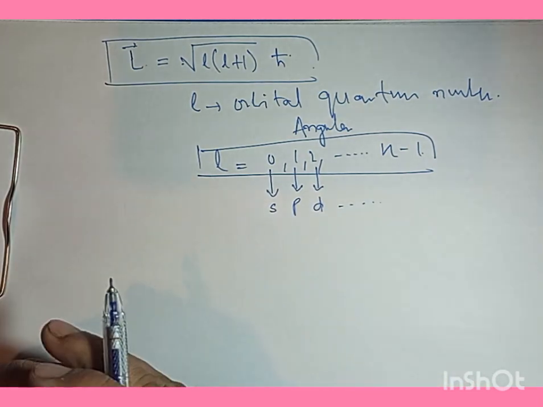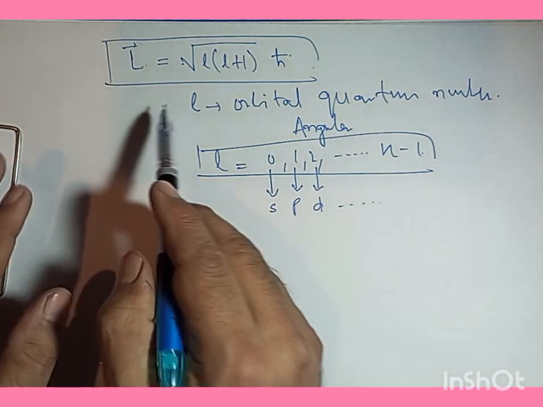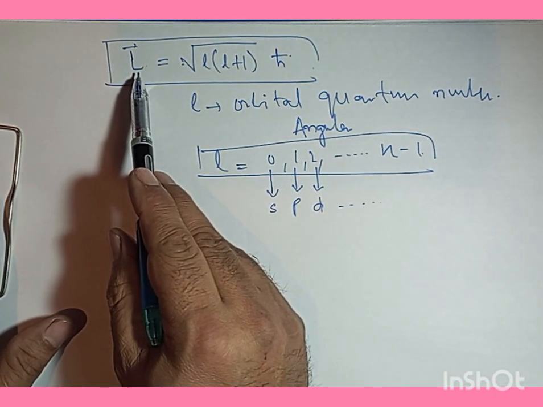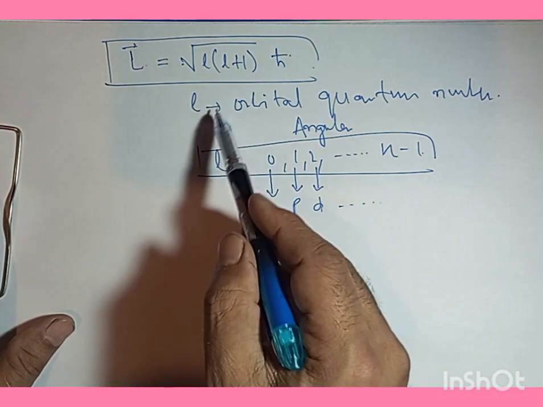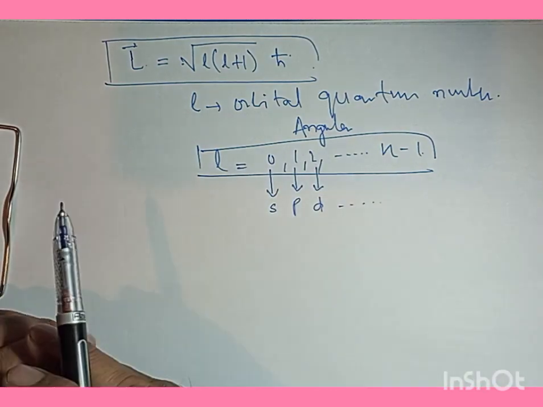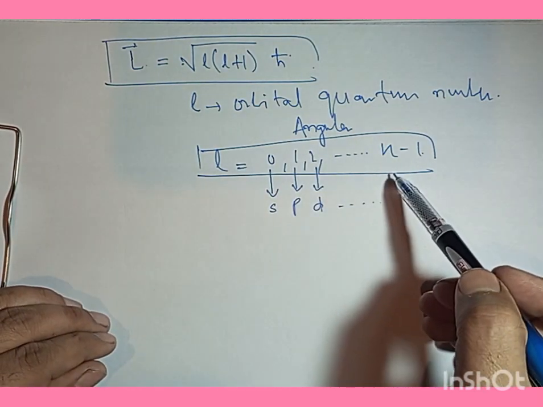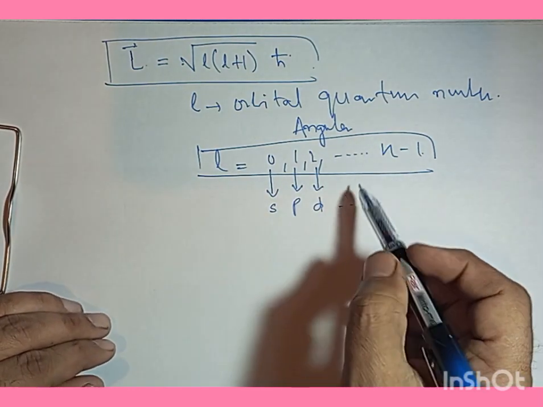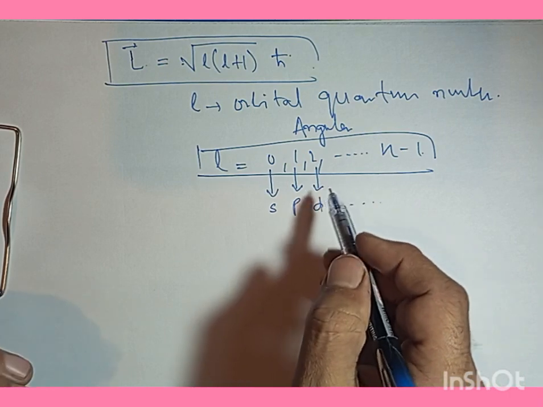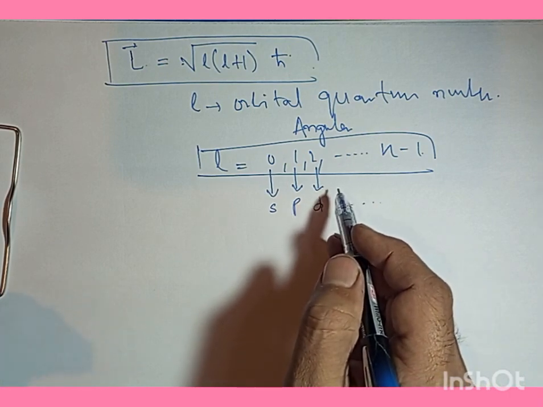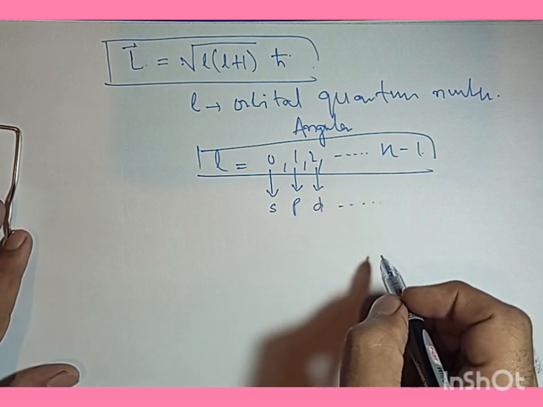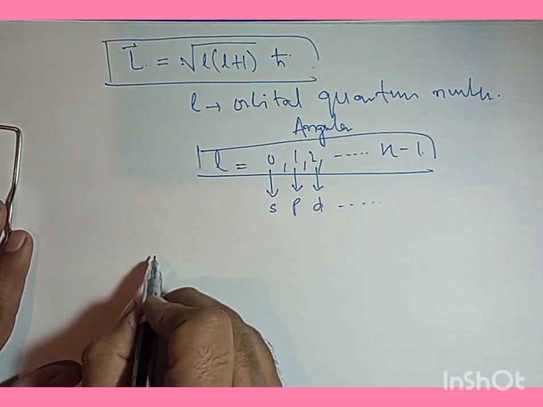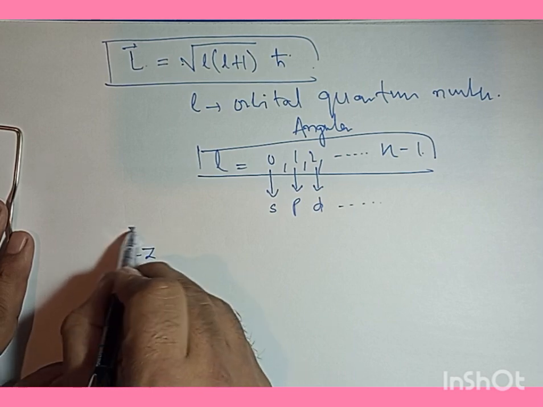What's important here is that this angular momentum is quantized, and this l can have a different set of values depending on the value of the principal quantum number. And at the same time, if the magnetic field is applied along the z direction, in that case we can write down Lz.